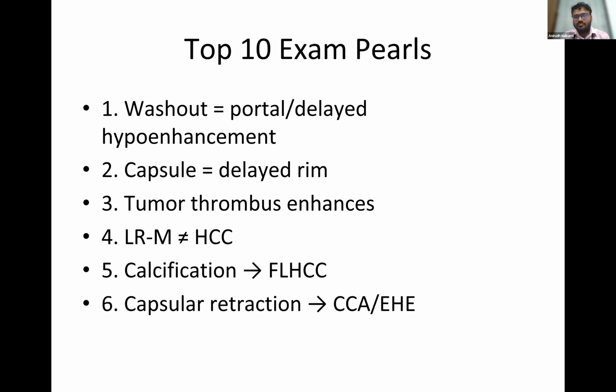LIRADS M is not equal to HCC. Central scar with calcification: fibrolamellar HCC. And that slide you have to remember, capsular retraction is seen in cholangiocarcinoma, epithelioid hemangioendothelioma, treated metastasis, fibrolamellar HCC, all those things.